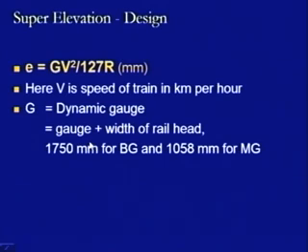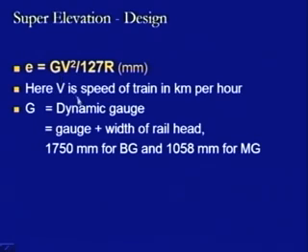In the case of the broad gauge, the gauge is 1676 mm, and if we add the width of the rail head, we get 1750. Similarly, in the case of meter gauge, where we have 1000 mm, if we add the width of the rail head, we get 1058 mm, and this is the value to be used here as G.